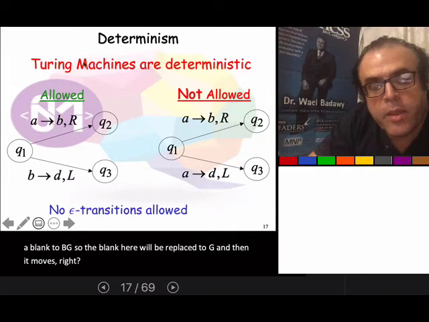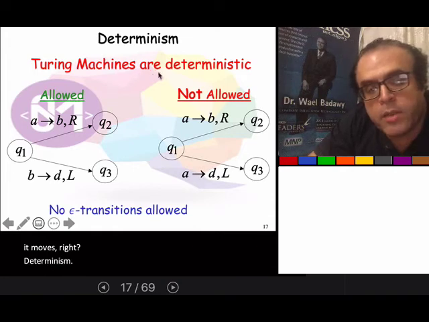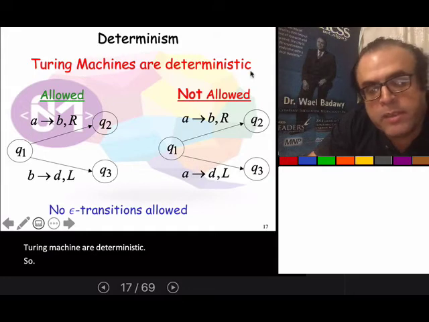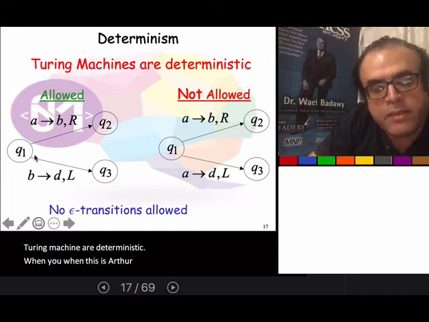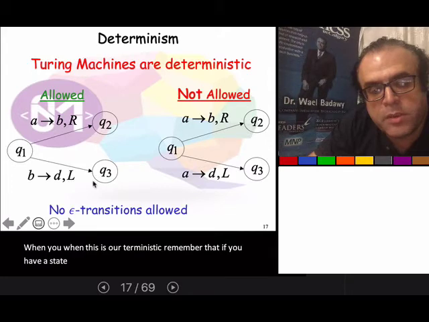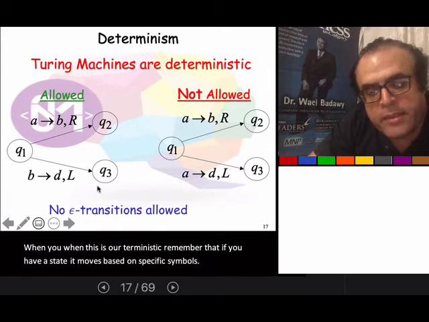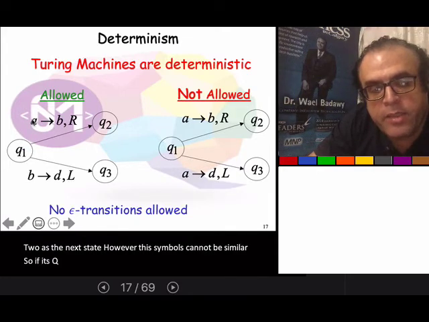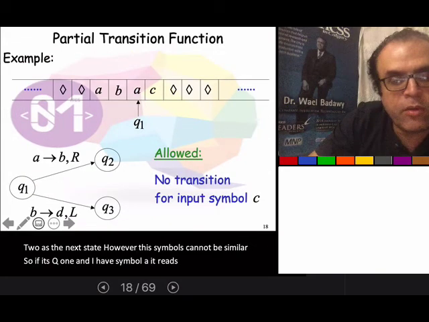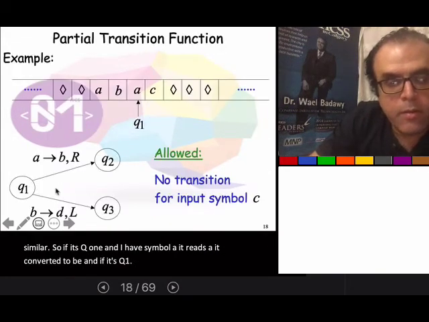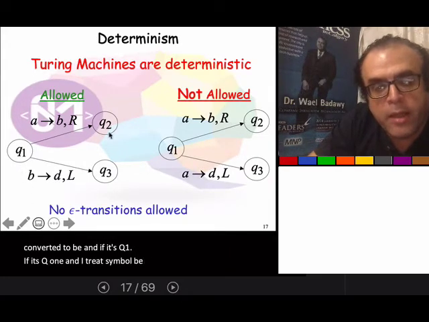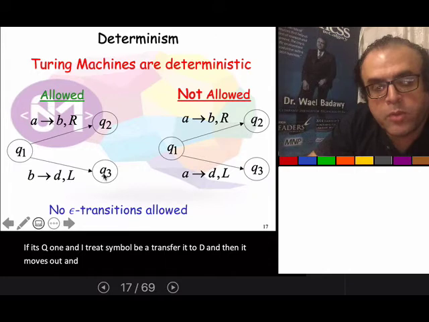Determinism. Turing machines are deterministic. When they are deterministic, remember that if you have a state, it moves based on specific symbols to a next state. However, these symbols cannot be similar. So if it's Q1 and I read symbol A, it converts it to B. And if it's Q1 and I read symbol B, it transfers it to D, and then it moves left, going from Q1 to Q3.